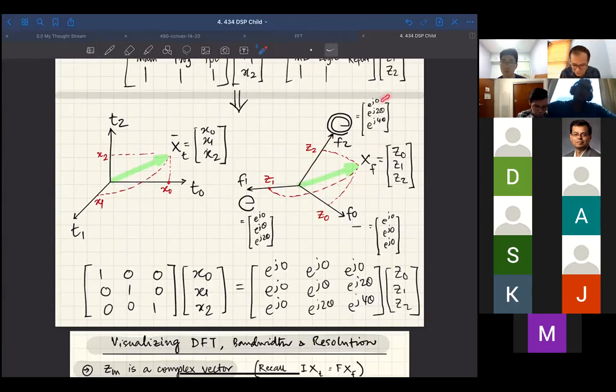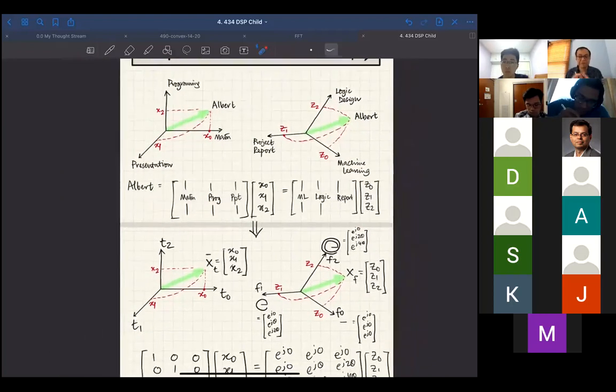So e to the power j0, e to the power j2 theta, e to the power j4 theta. So the SpaceX basis is essentially made up of dimensions that are each rotations, and I can express any signal as a linear combination of rotations at different frequencies. Right?